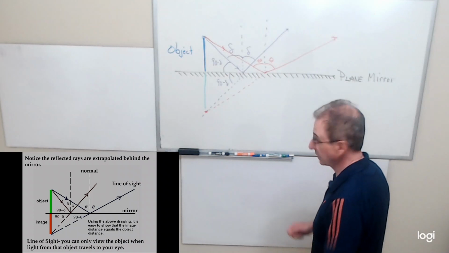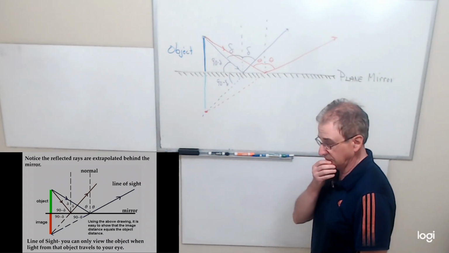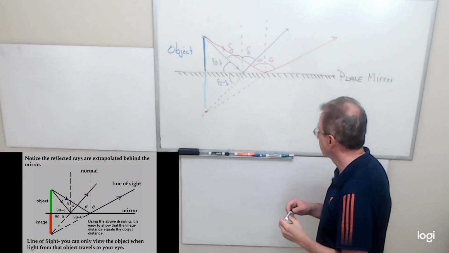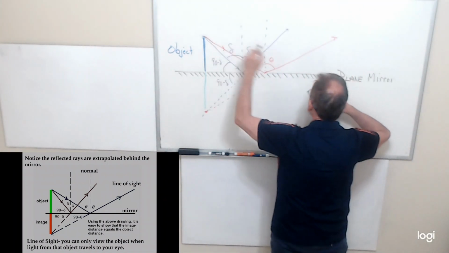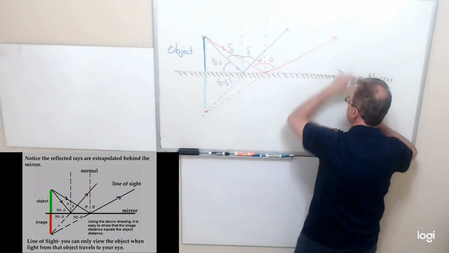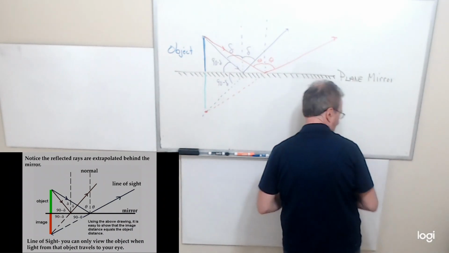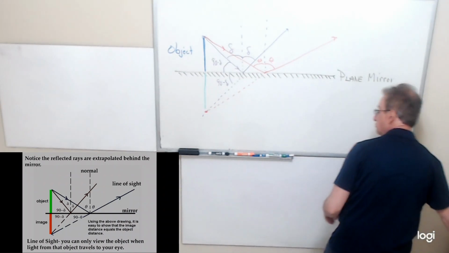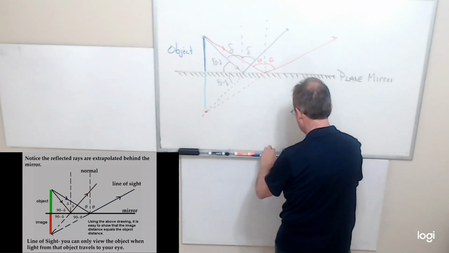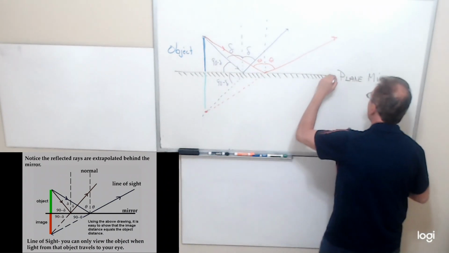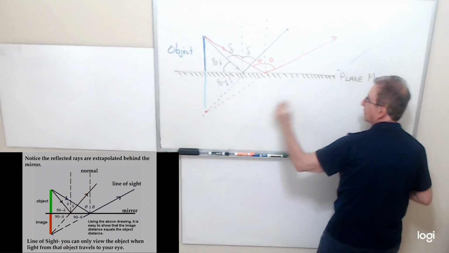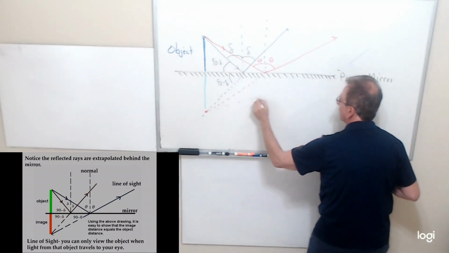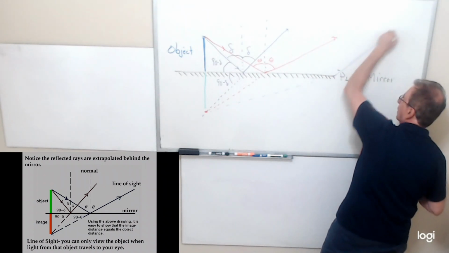Now let me say something about the line of sight. Now you can actually have another ray that comes off here and gets reflected. In fact, if you look at the extreme case, let me use a blue marker, where a ray gets reflected off in that direction.